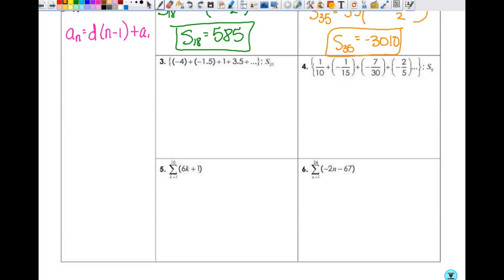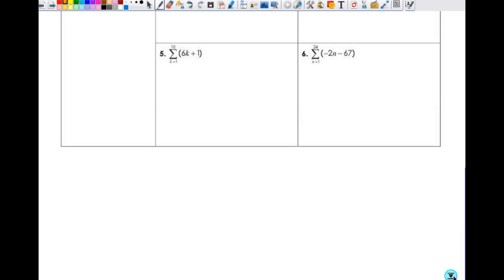So I want the sum from 1 to 10, and I've got 6k plus 1, right? In order to do this, I need S of n, that's equal to n times a1 plus a sub n all over 2, right? So the first thing I need is n. What is n going to be here? It's 10, because I'm going from 1 to 10.